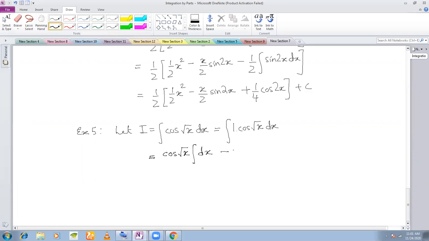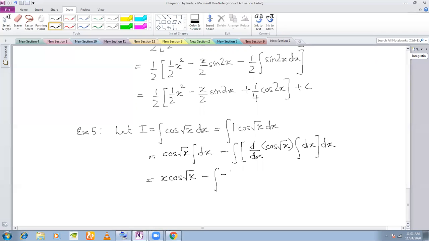Okay, minus integral of the derivative of the first. Derivative of the first is d dx of cos root x into the integral of the second. Second function is 1, so you can simply write integral dx and whole thing dx. So now this is x cos root x minus integral of, now derivative of cos root x is how much? d dx of cos x is minus sin x, right?